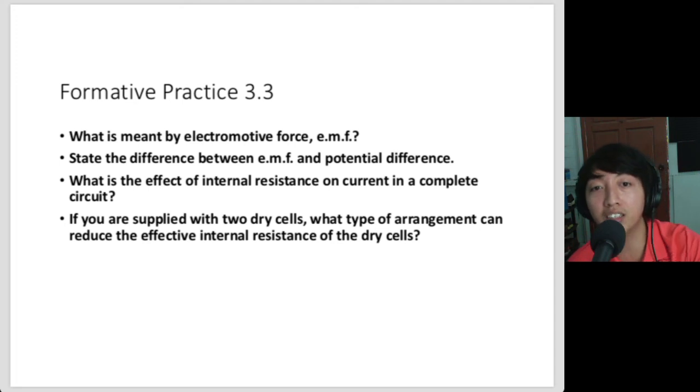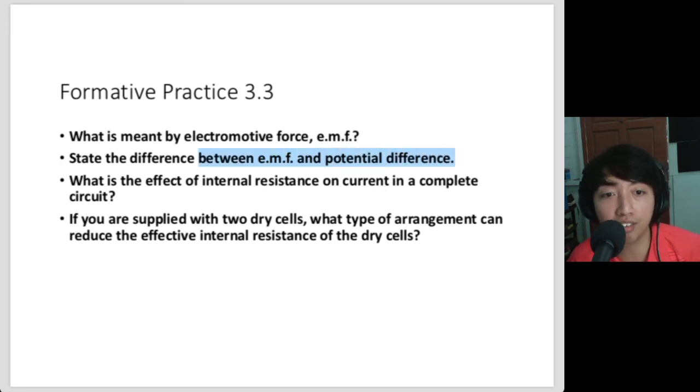As a reminder, electromotive force is the amount of work done by an electric source to move one coulomb of charge throughout the whole circuit, from one point of the battery to the other. Potential difference can be between any two points, but for electromotive force, it has to be throughout the whole circuit. So we just stated the difference between EMF and potential difference.